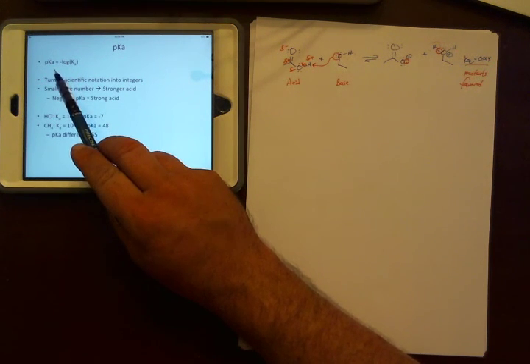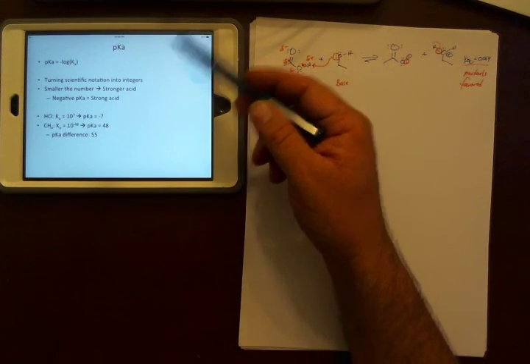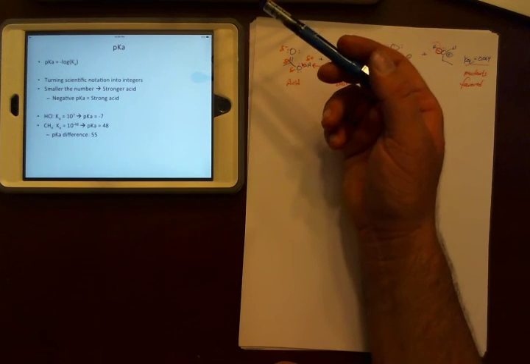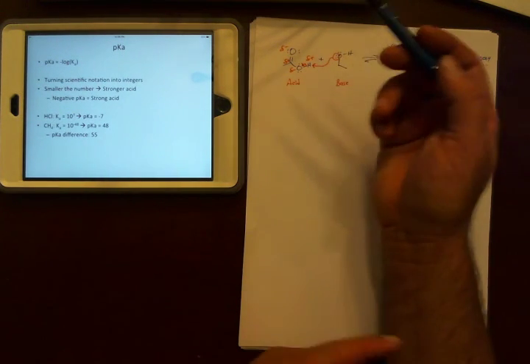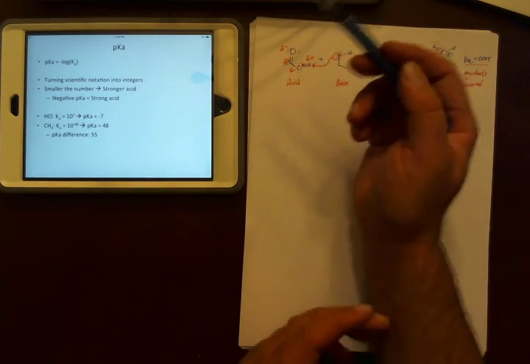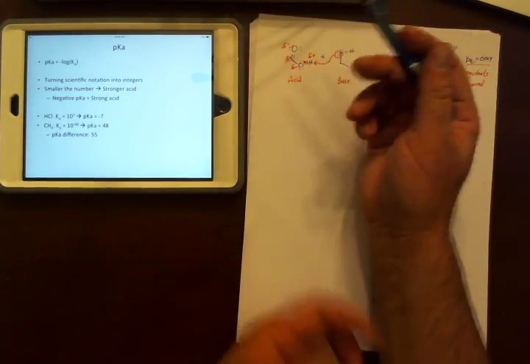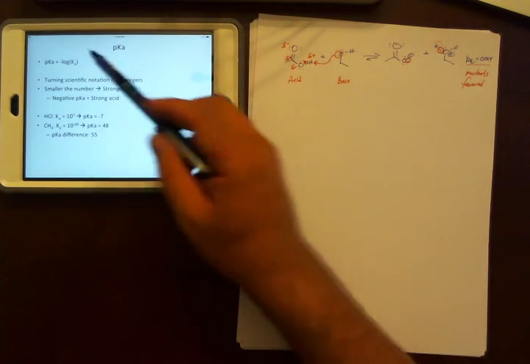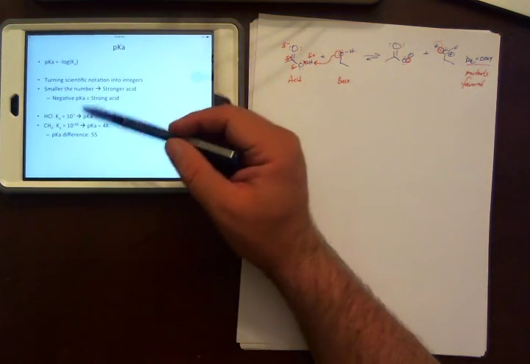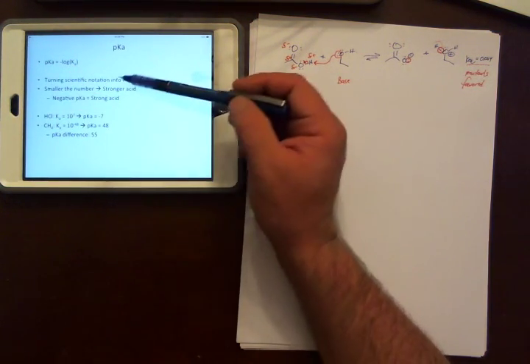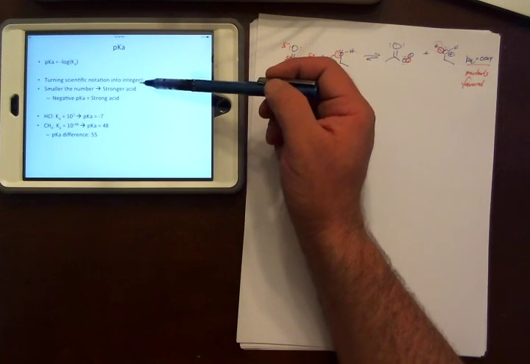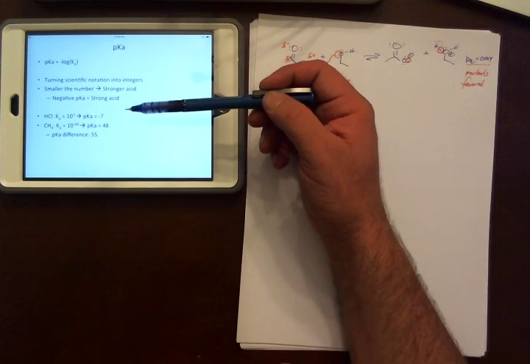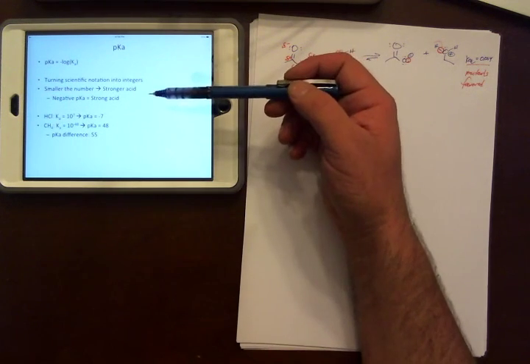You do the negative because most things we work with day to day are fairly weak acids, so we'd be dealing with a lot of negative numbers, and people don't like dealing with negative numbers. So they put a negative in front in order to make positive numbers. Really all it is is turning scientific notation into easier numbers to handle.